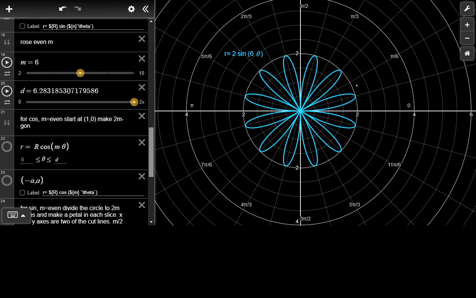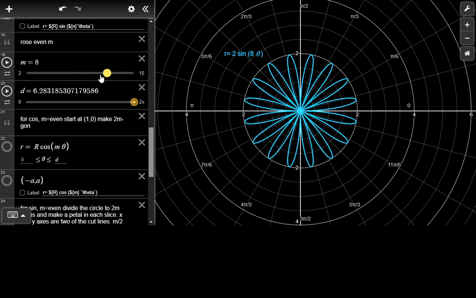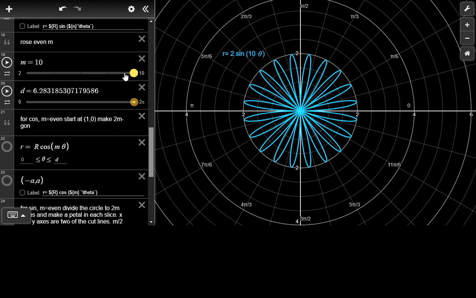Then, of course, you divide each of these into 3 components, so at 30 degrees and 60 degrees you make your cuts, and the same way on the other side. Then you put these narrow petals there, and so on. So when m is 8, there will be 16 petals, and then here there are going to be 20 of them.